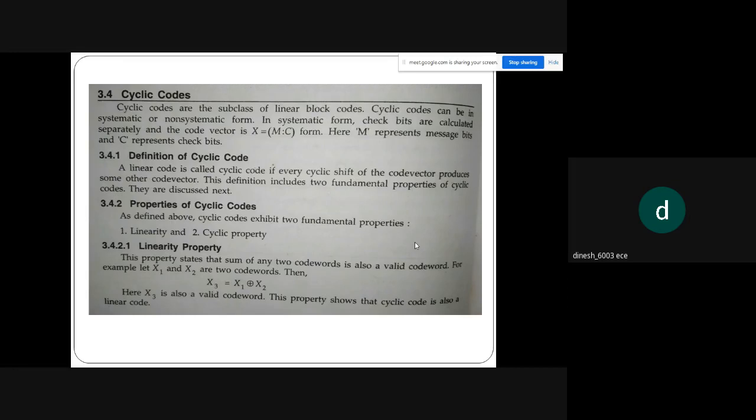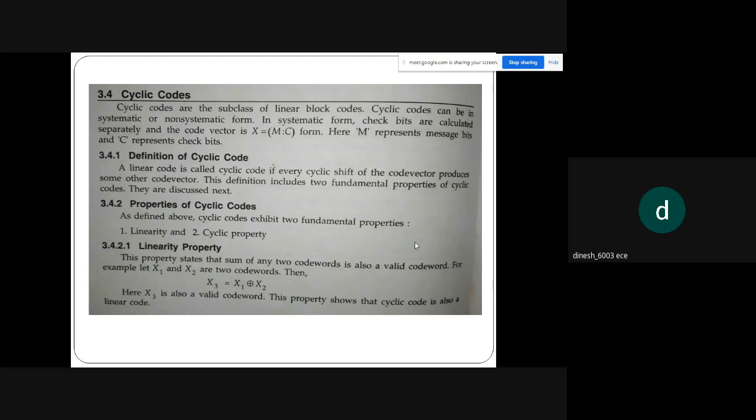The different combinations of M and C to obtain X can be obtained in non-systematic form. So the cyclic codes are always a subclass of linear block codes. The cyclic codes can be represented in both systematic and non-systematic forms.